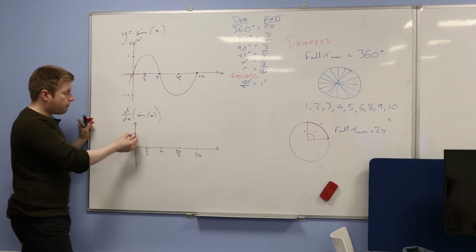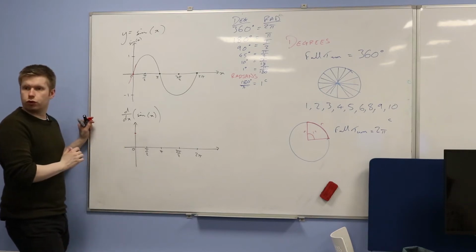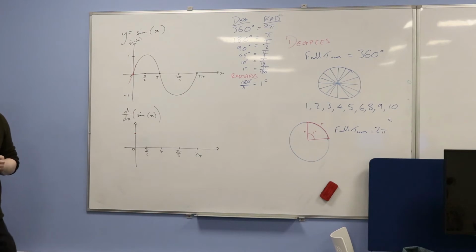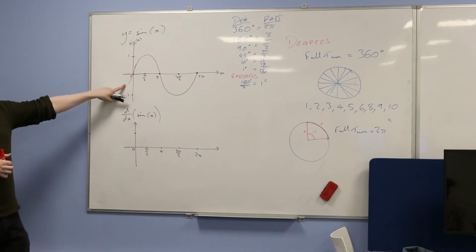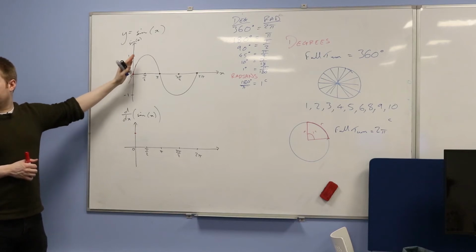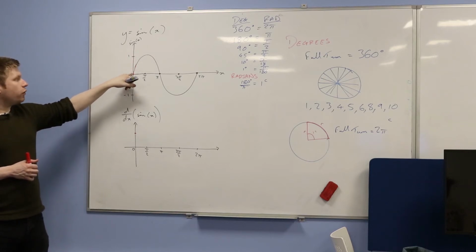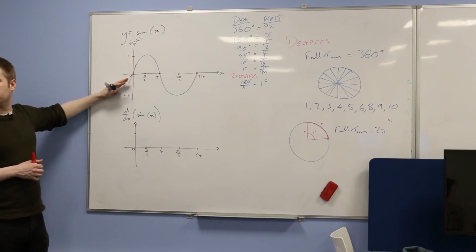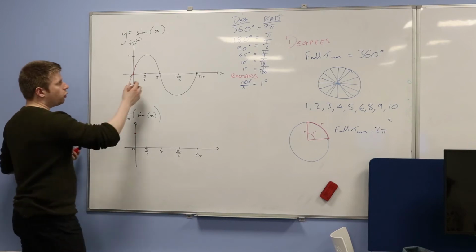It should be a positive value. So I'm just going to draw that there. Can I ask why it is a maximum positive gradient? Look at it. At that point there, my tangent has a positive gradient. And it's a maximum over here, because as I move over here, it's going to be less positive. As I move over here, it's going to be less positive. Make sense?